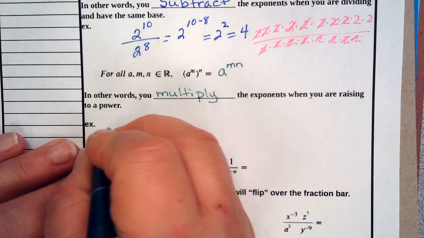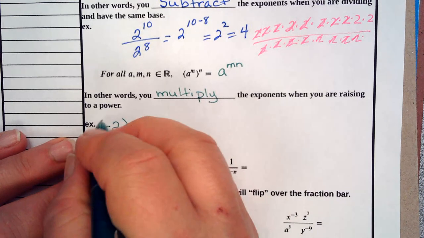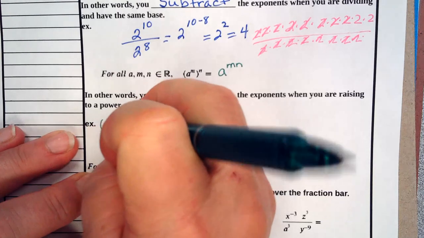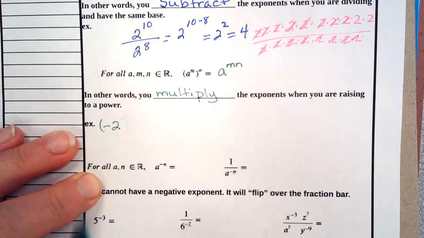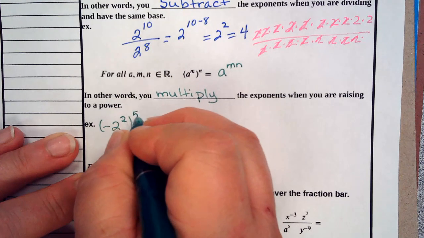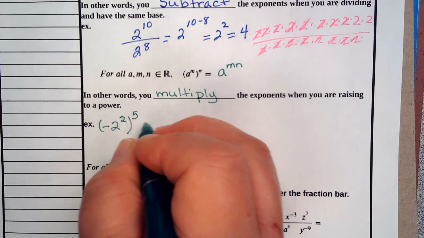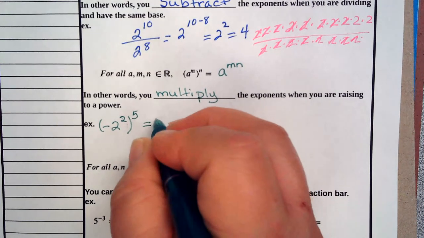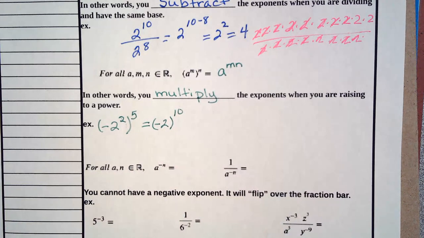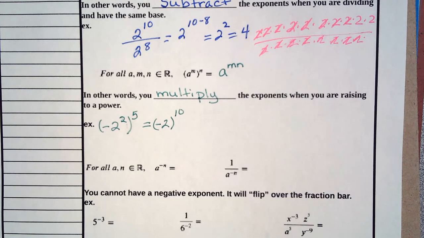Let's take -2. We're going to raise it to the second power. And then we're going to raise it to the fifth power. So that is -2 raised to the 10th power. Okay, so will it be a positive or a negative number?